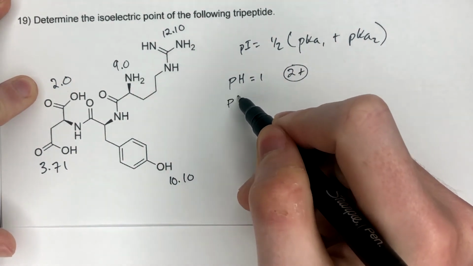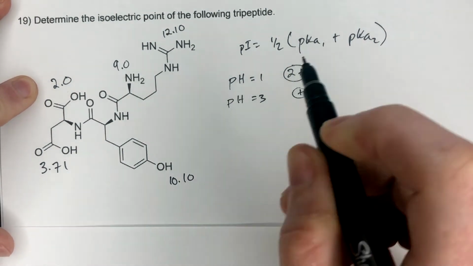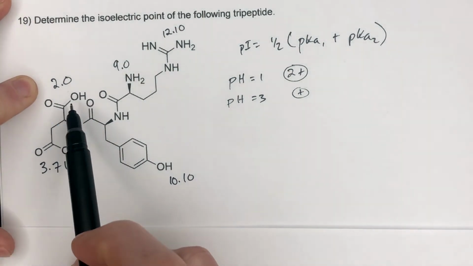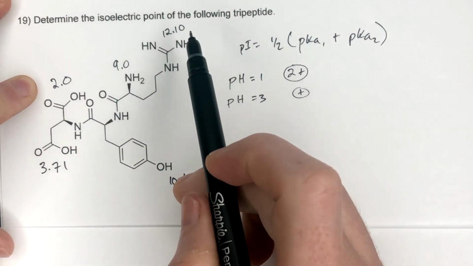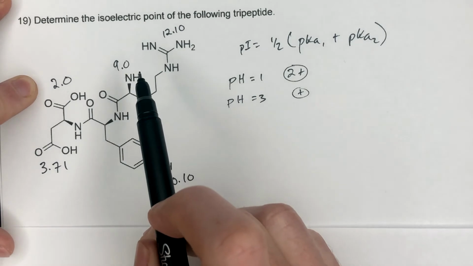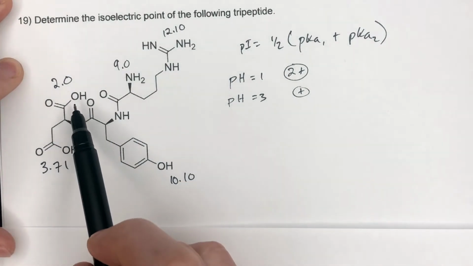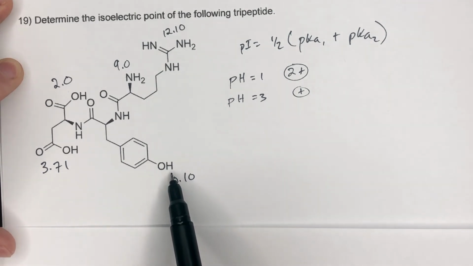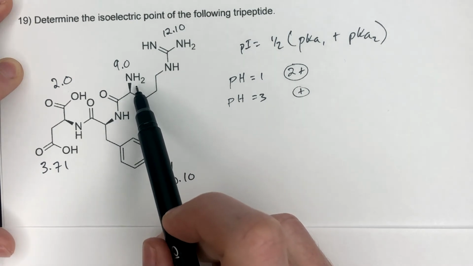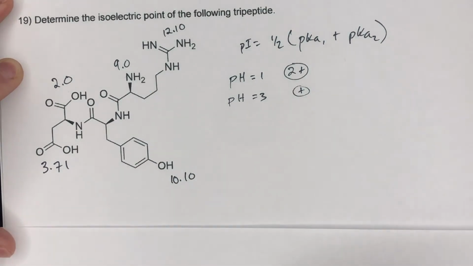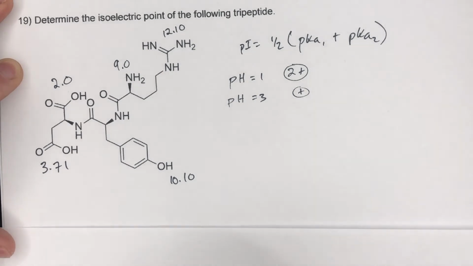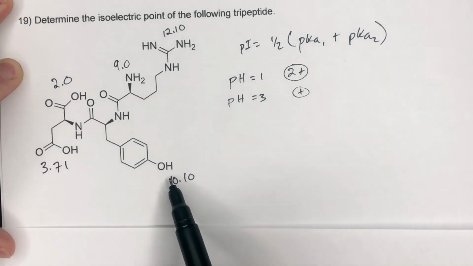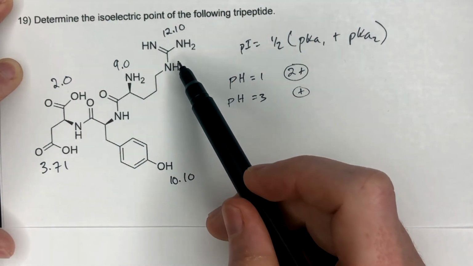So next, let's go pH 3. That's going to be positive 1. At pH 3, it's going to be negative, neutral, neutral, positive, positive.